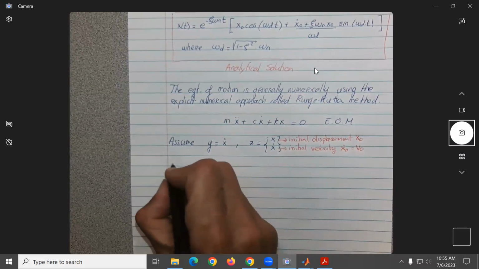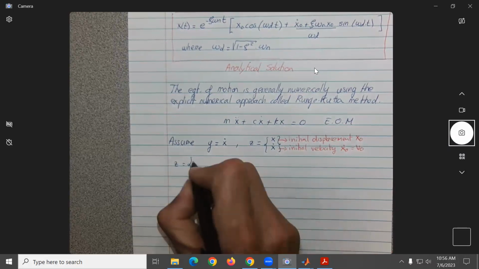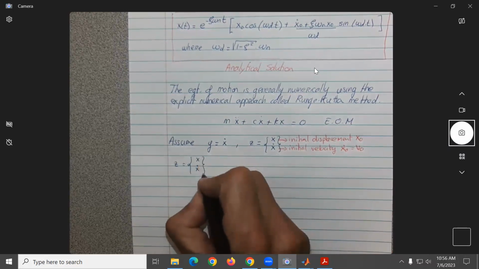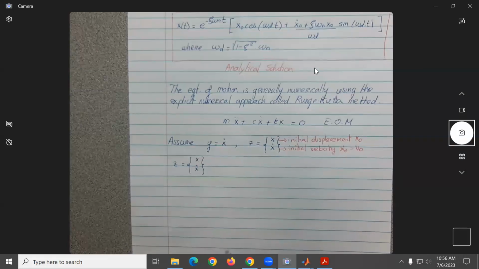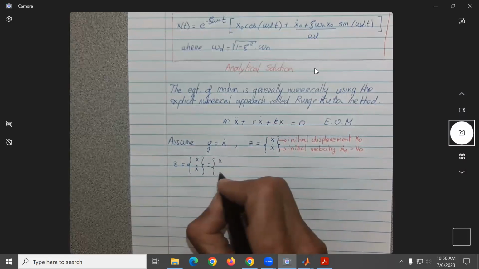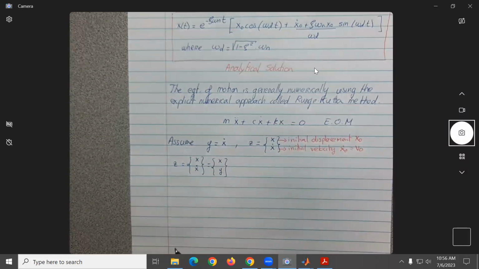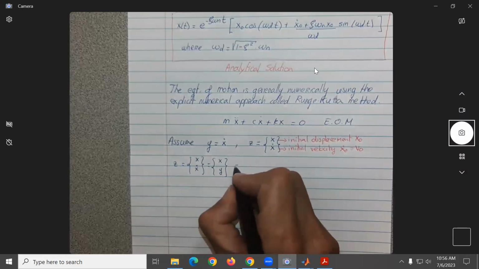Okay, so this is all the same. I just rewrite this a little bit differently, but the important thing is that we have x dot. It could be just notation, the same as x, y, but it doesn't matter.